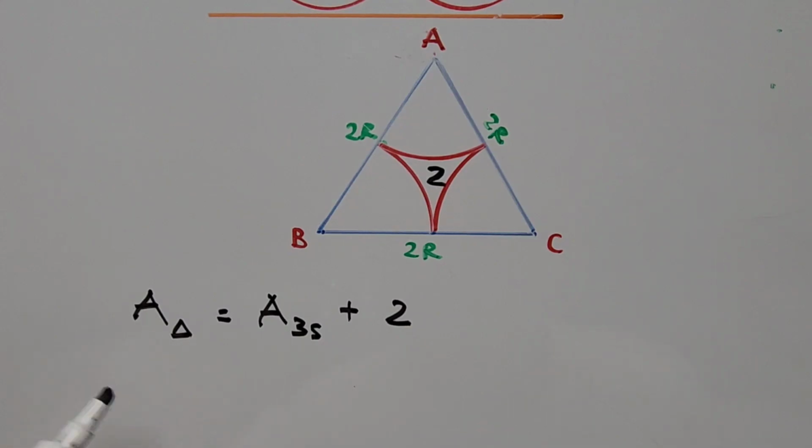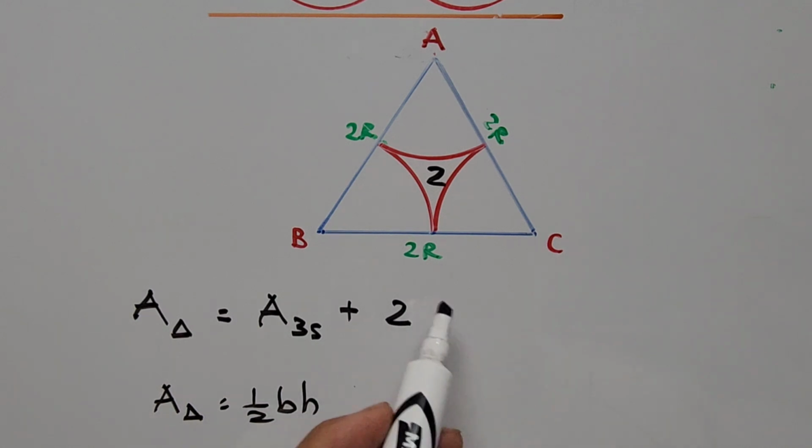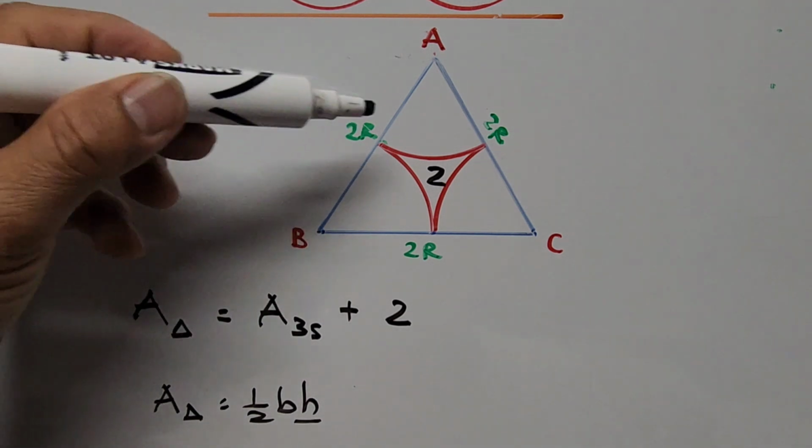From the formula of the area of a triangle, the area of the triangle is equal to 1/2 base times height. And we have here the base is 2r, and the height, we don't know the height. So we're going to derive the height from the figure.